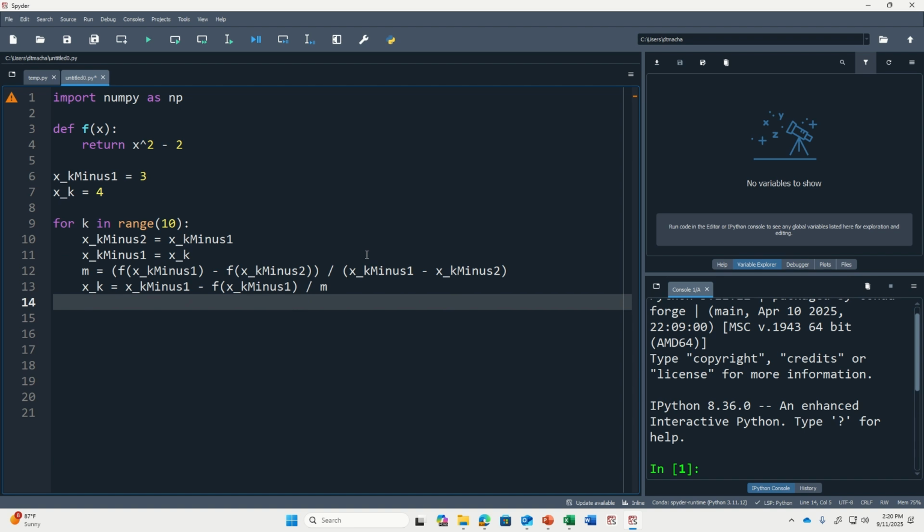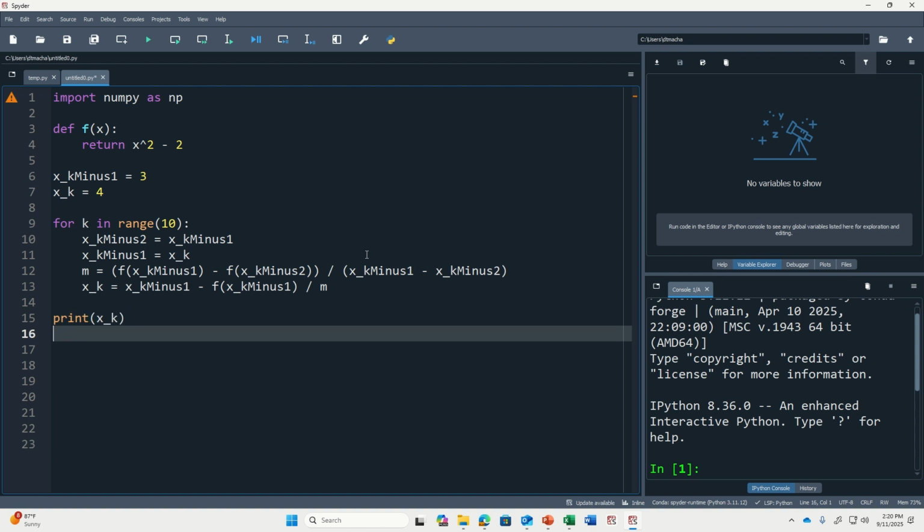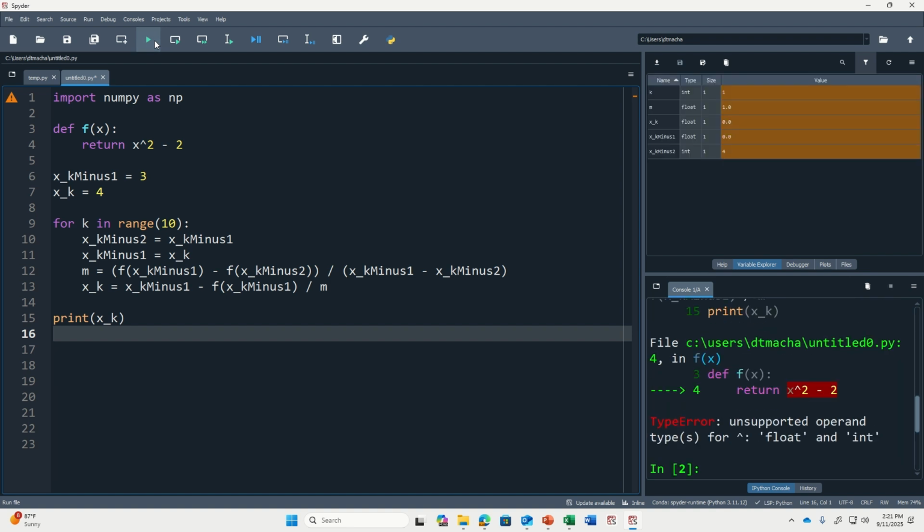Yep, that's what I want. Okay, and then at the end we say print the newest iterate x sub k. Shouldn't we change the variables at the end? You could. I think it would work either way, whether you do it at the start or at the end. Let's give it a try and see if we get something.